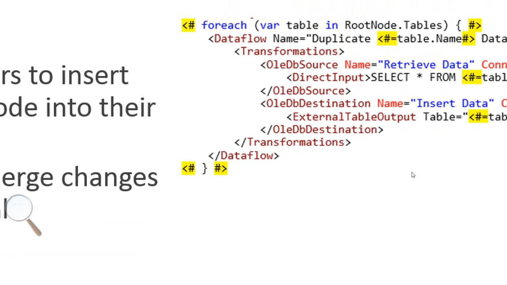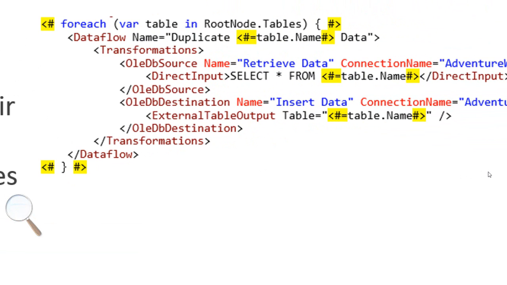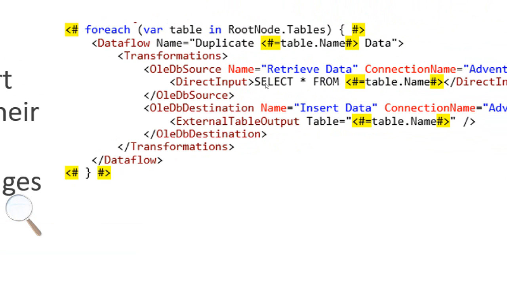So again, without knowing too much beforehand, the Biml is what's between the areas that are less than pound. And you can see, yes, that's some .NET there, a C# foreach loop, and we're looping through a collection of tables.